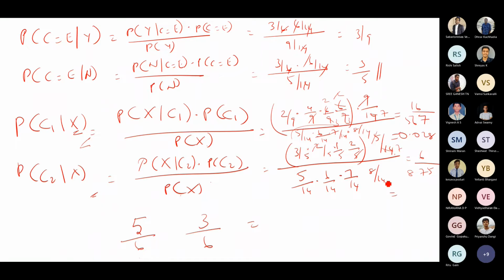This is 0.0068. Out of these two, this is bigger, right? So the probability of this particular individual buying a computer is more compared to the probability of this person not buying a computer. That is what is going to be your conclusion.